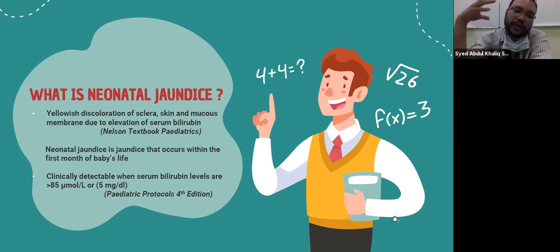So what phototherapy does is photoisomerization. It photoisomerizes the unconjugated bilirubin so that it becomes water soluble. It becomes hydrophilic. So when it becomes hydrophilic, it can be excreted through your enterohepatic circulation, and it can be excreted to the urine. Give me 1 second.